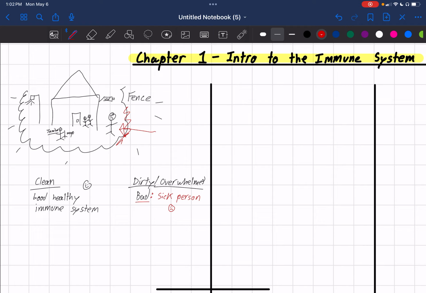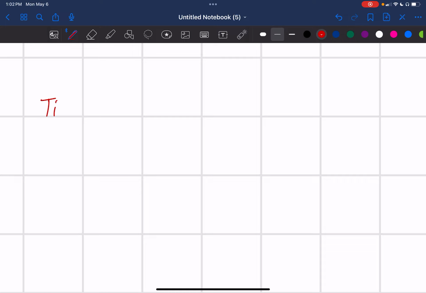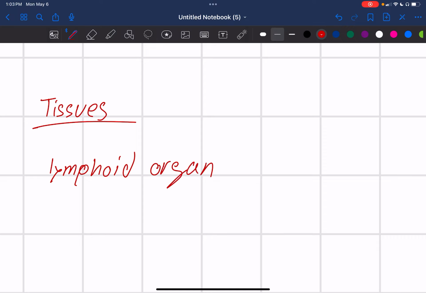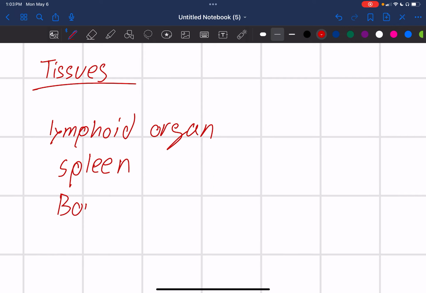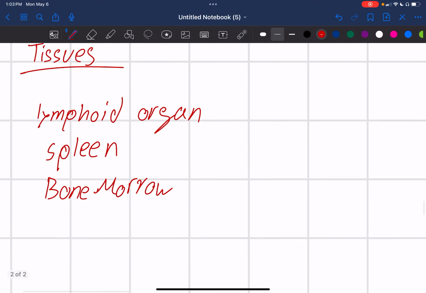So the parts of the immune system have different functions, and we have different types of tissues as well. These tissues of the immune system are distributed throughout your castle, which is your body, and they consist of different things, such as lymphoid organs, and we also have other things such as the spleen, the bone marrow, and other types as well.